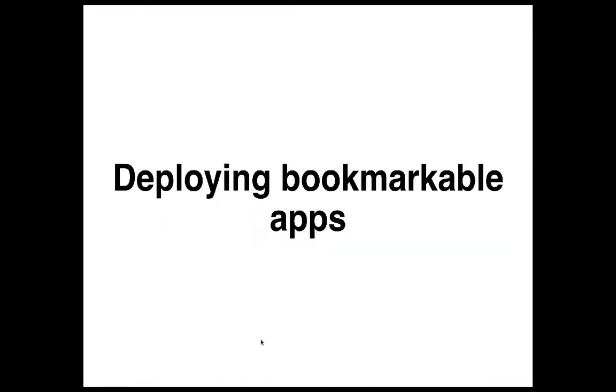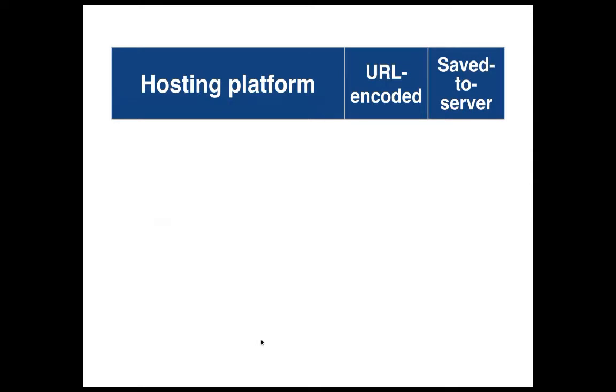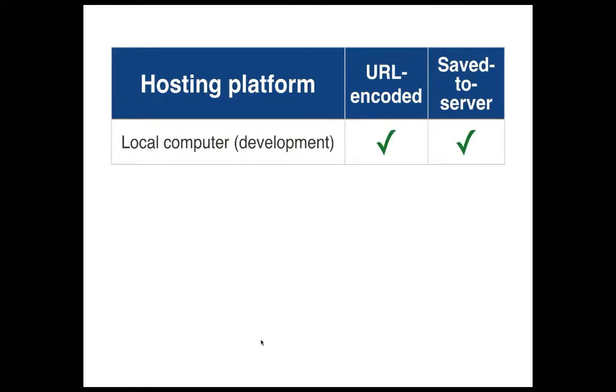Okay, I'll go into that in a little more depth when we talk about deploying the bookmarkable apps on the various hosting platforms. Here's a table of what you can do on each. When you're just running these applications locally on your own machine, like I'm doing right now in these examples, or when you're developing an application, both types of bookmarking will work.